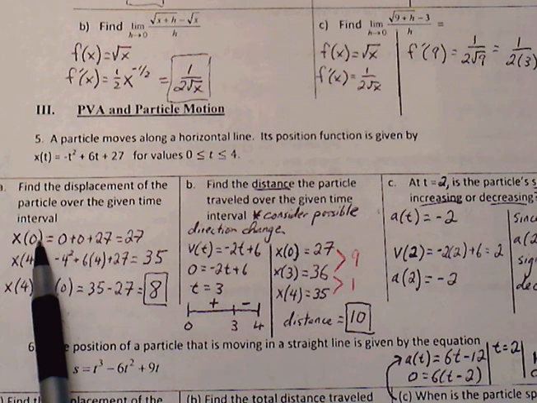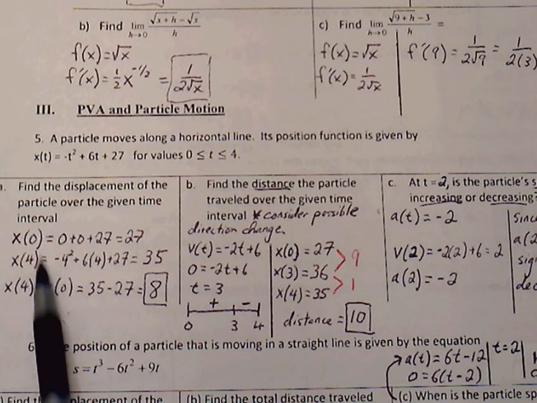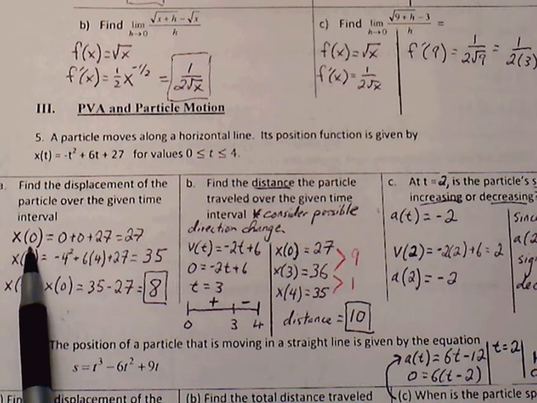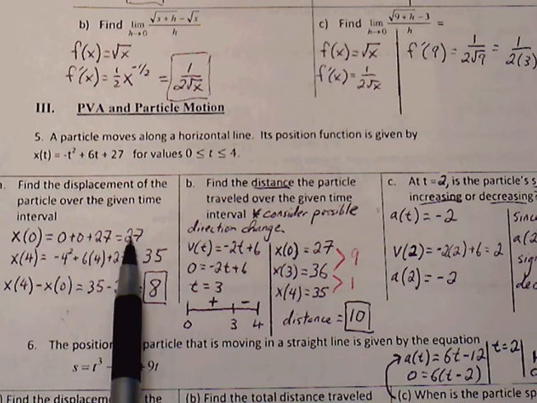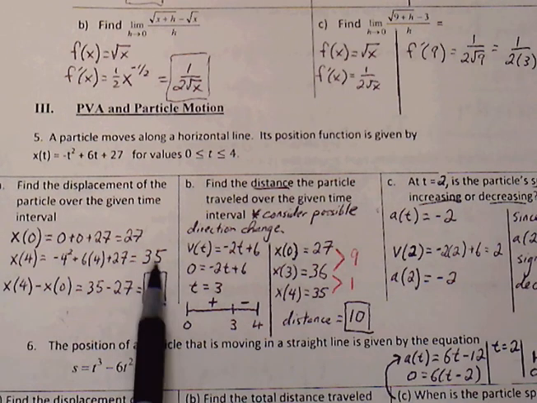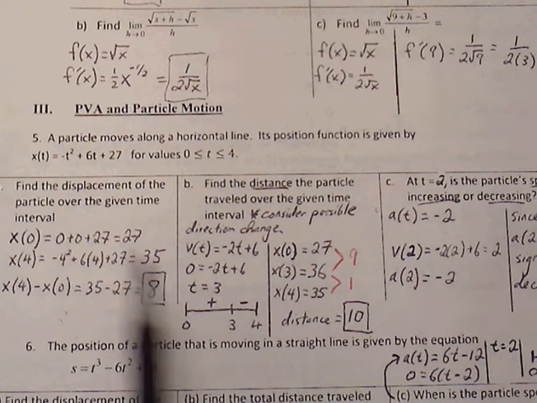So you're just looking for the distance between your starting and end point without taking into account any change in directions. Okay. So all we're doing is finding the position at the starting point, finding the position at the ending point, and then just subtracting those two values.